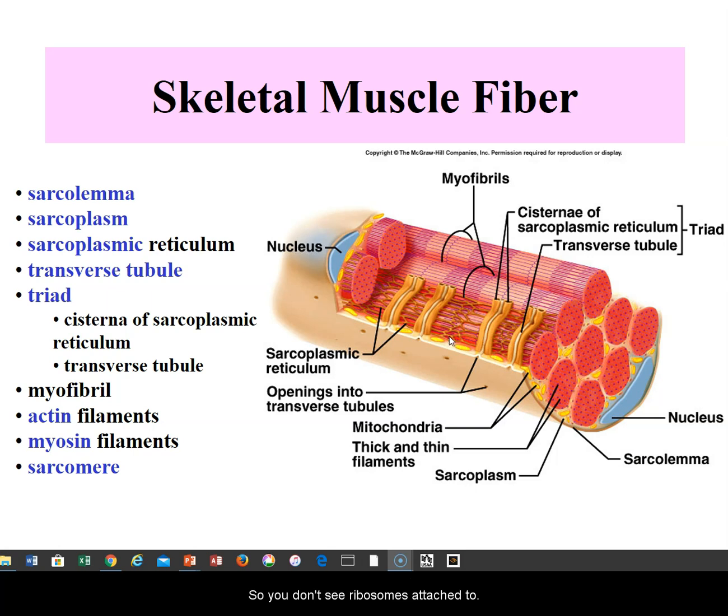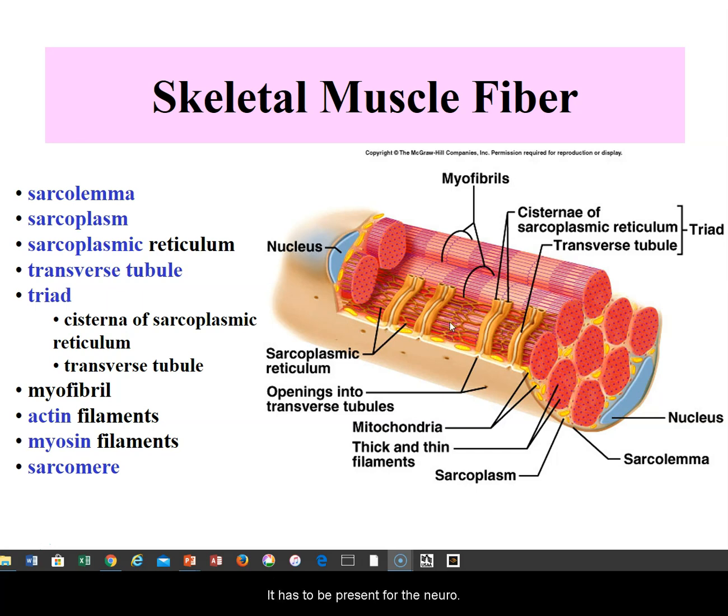Okay, you don't see ribosomes attached to it. It surrounds a myofibril with the terminal cisterna cross channels at the A-I junction. We haven't talked about that yet, but it would be at the A-I junction. Functions to regulate intracellular calcium levels. We talked about before how calcium's so important, and one of the things calcium has to be present for is muscles to contract.